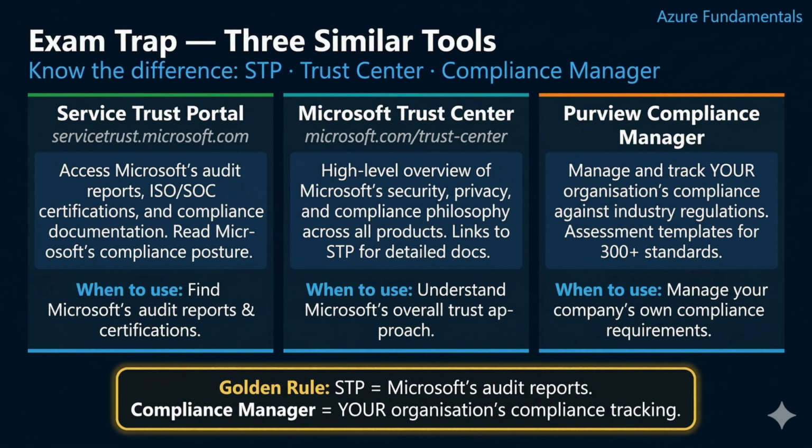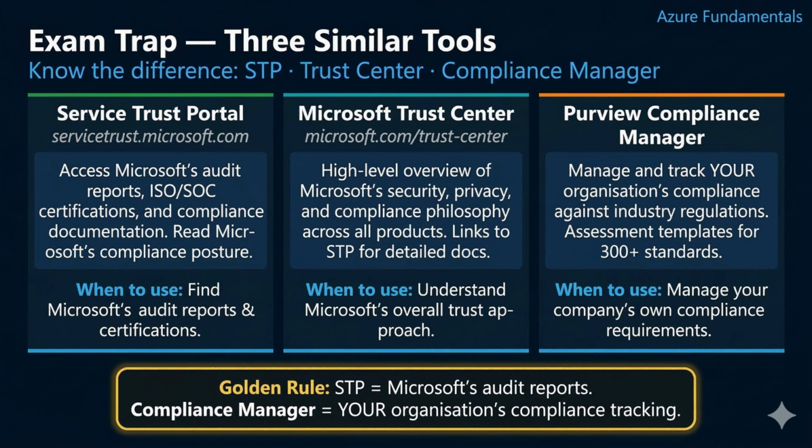As we have covered today, this is where you go to access evidence about Microsoft's own compliance posture. Think of it as reading Microsoft's report card. You are looking at what external auditors have said about Microsoft's cloud services. You do not manage anything here. You consume and download information.